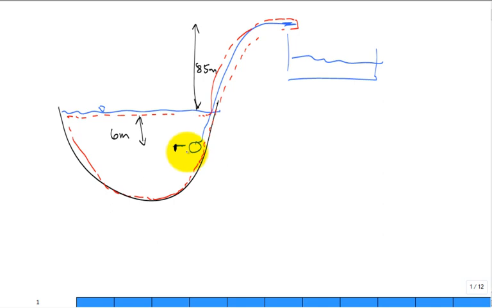That's what we want, the pressure. So maybe we call this state 1, and then this is state 2. We'll leave those states alone, and we'll talk about state 3 and state 4, the inlet to the pump and the discharge from the pump. And I want to know the pressure at state 3.